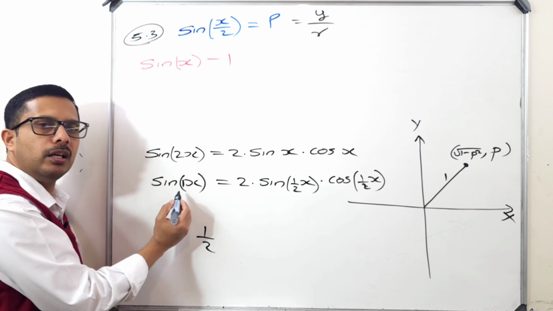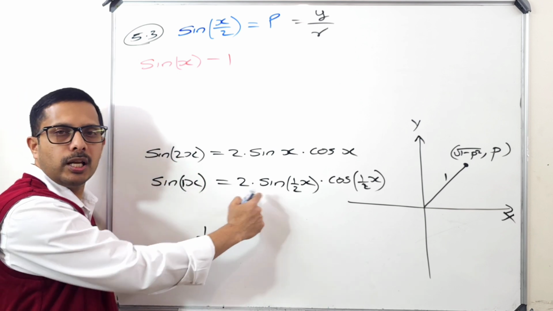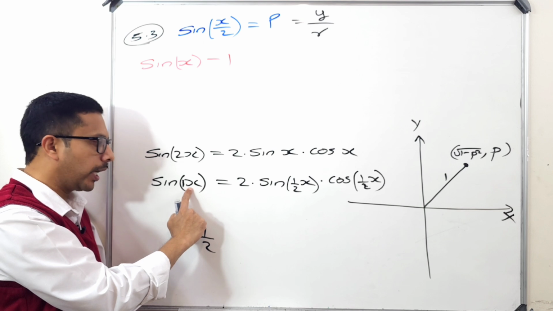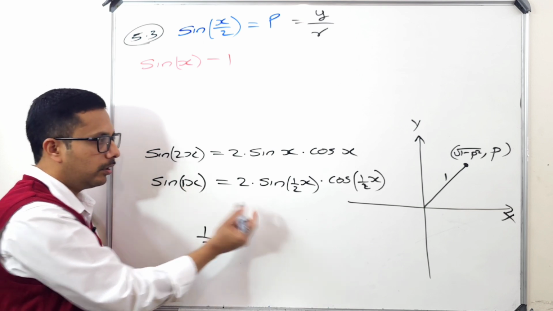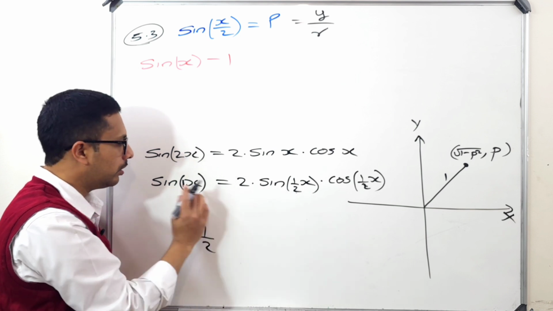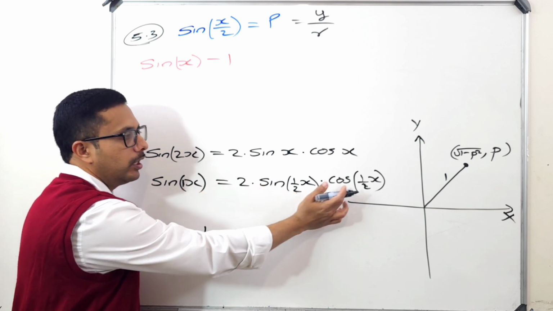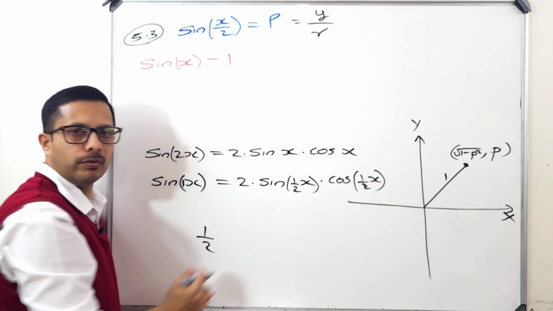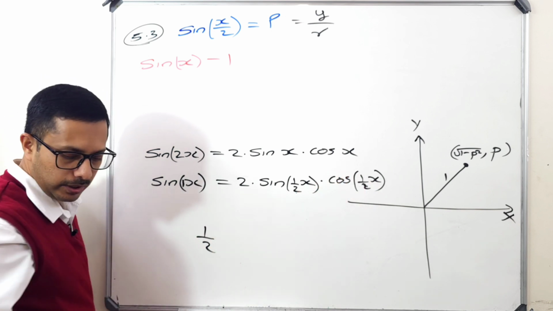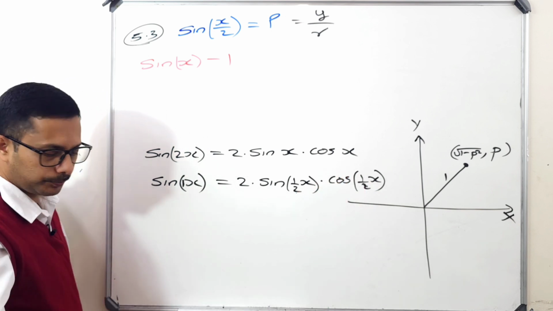But anyway, if I want to apply the double angle formula, I'm supposed to write the half of this angle. So what is the half of 1? That is 1 over 2. Then 1 over 2 x, here also half of that 1, so here also 1 over 2 x. So is it not the same as this?